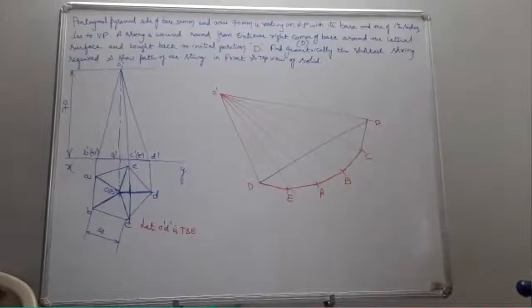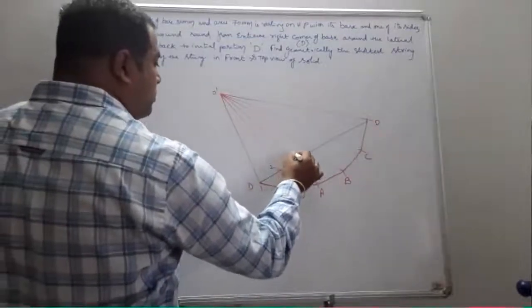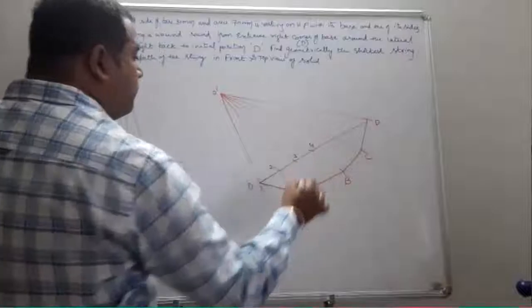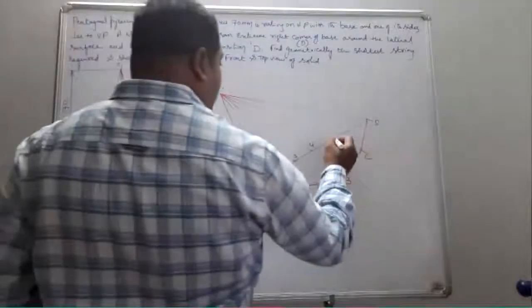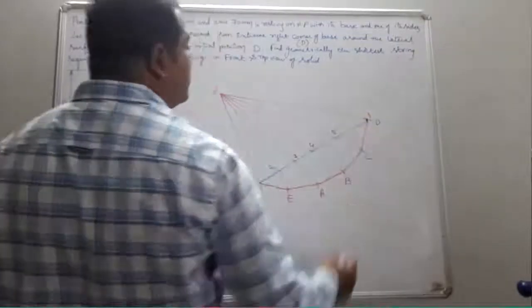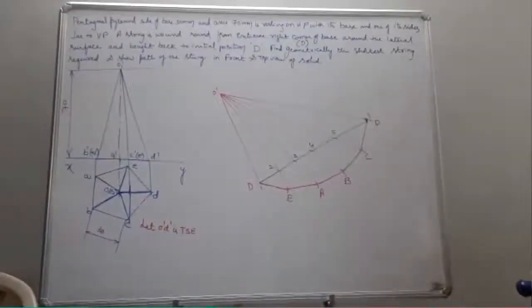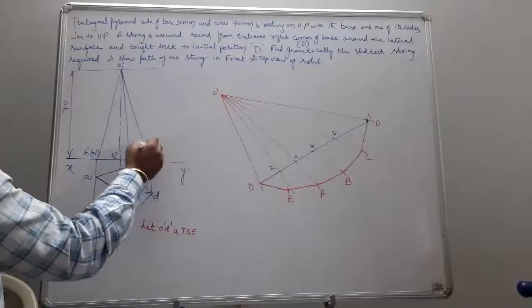Okay. Now let us mark the points. Here the point is 1. This is 2, 3, 4, like this 4. Again it is 5. Again it is going to be 1. Now let us put your points in this diagram. So that means D is going to be your point 1.